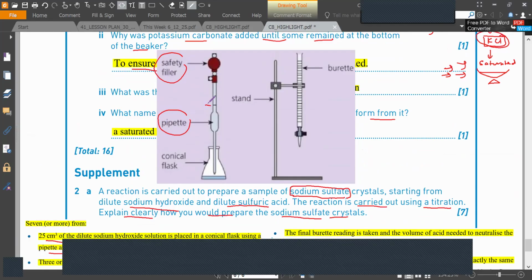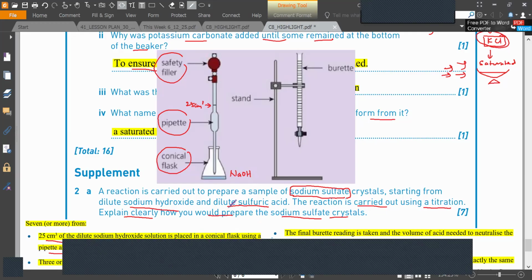This pipette is 25 cm cube, so it allows us to measure exactly 25 cm cube of the solution, and then we place it in a conical flask. The sodium hydroxide goes here.